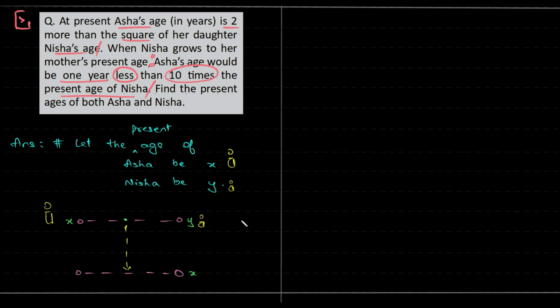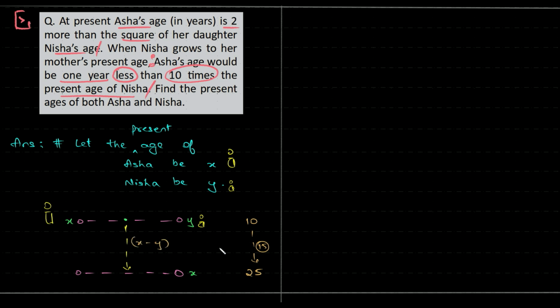Say the present age of the daughter is 10, and this age is 25. How many years have passed? 15, by subtracting 10 from 25. So X minus Y years have passed.